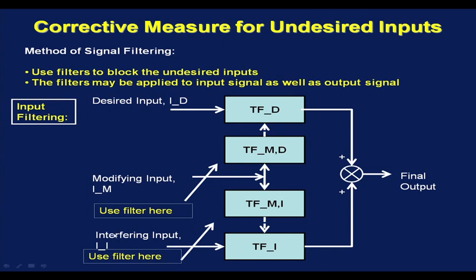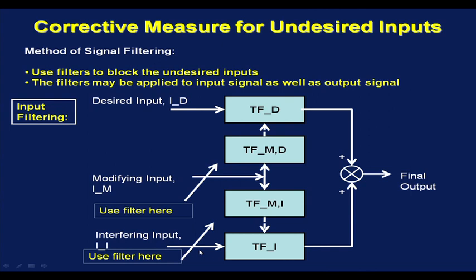Similarly, to block the effect of interfering input, I can introduce a suitable filter here. Again, in terms of our block diagram notation, we should have a transfer function here which is equal to 0.